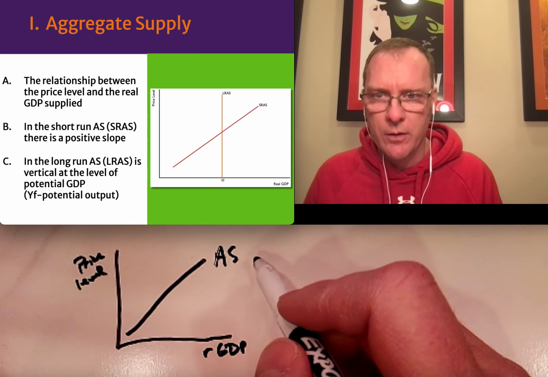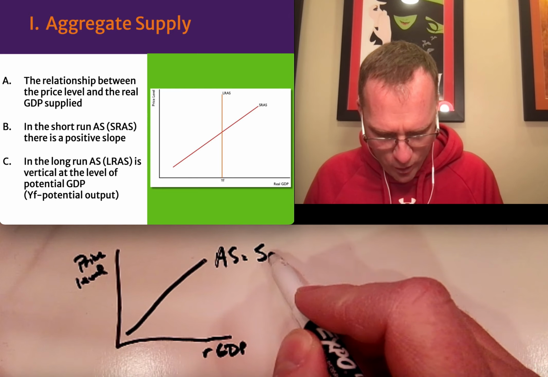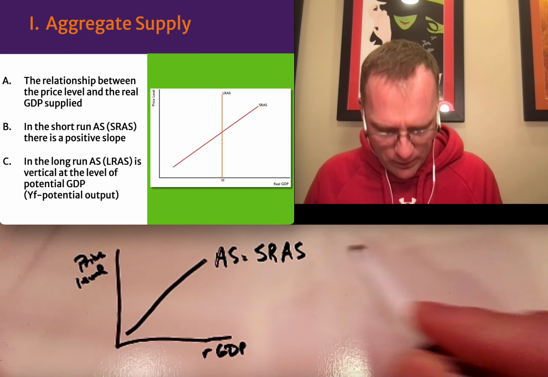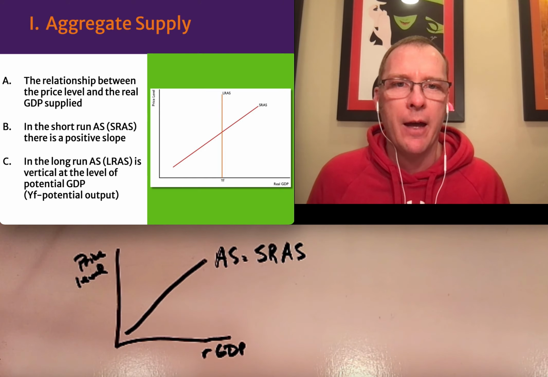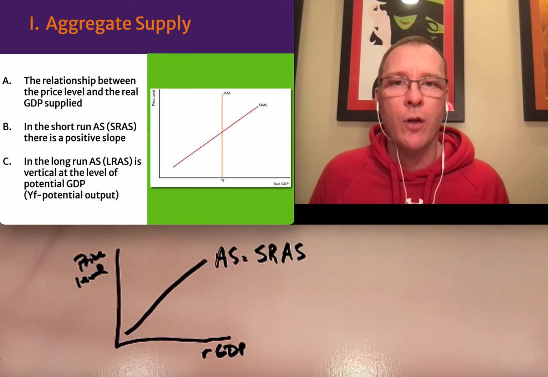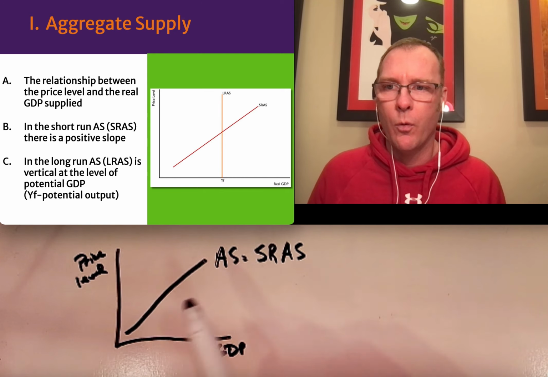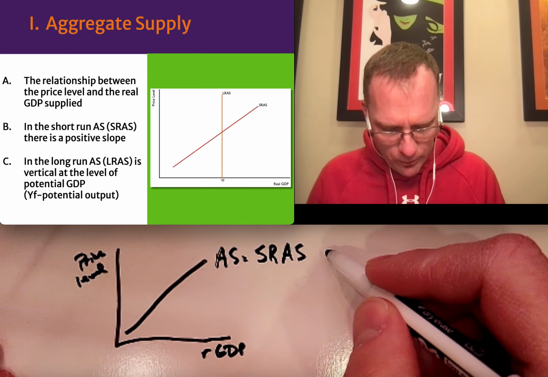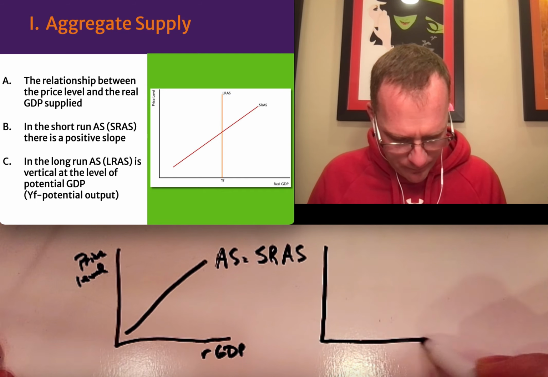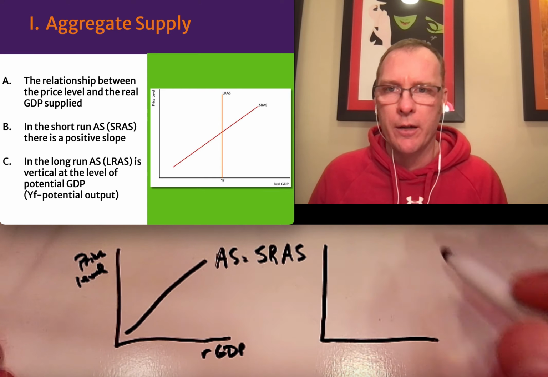Now, sometimes what you'll see here is this is our short run aggregate supply. You'll probably see it like that. And the reason you see it like that is because there's a long run aggregate supply as well. So when you look at short run aggregate supply, it's going to look like this. When you look at a long run aggregate supply, usually you see it drawn together.